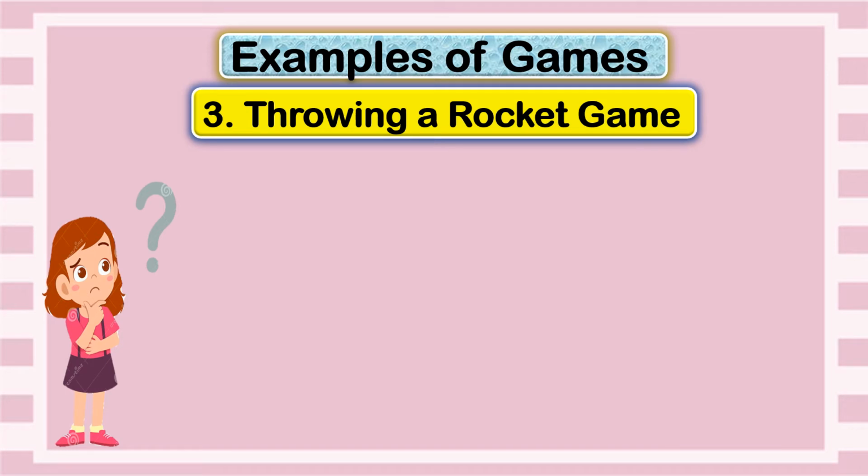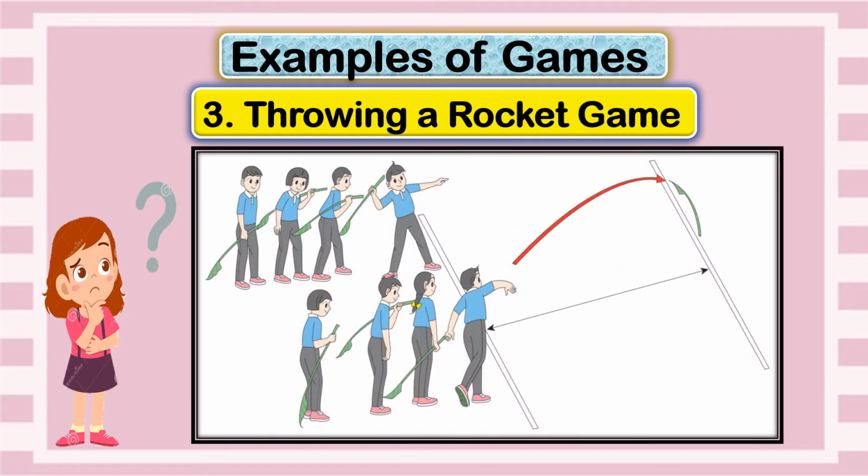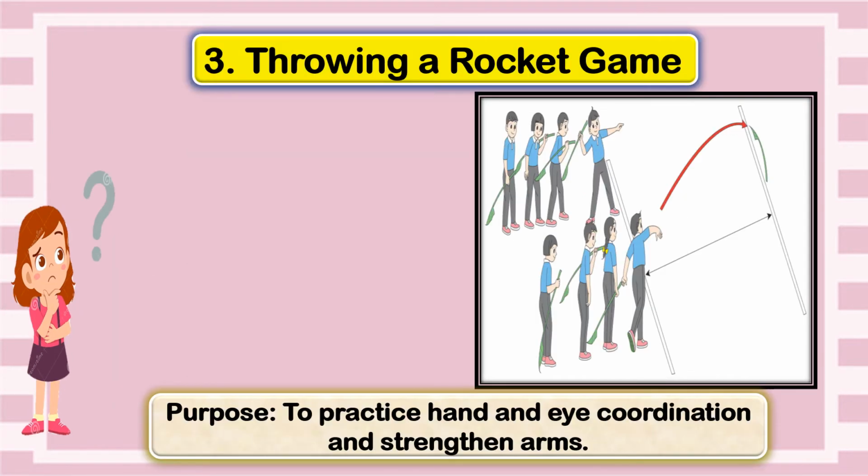This time, let's have number 3, which is about the throwing a racket game. So this is an example of the throwing a racket game. Now, what is the purpose of this game?